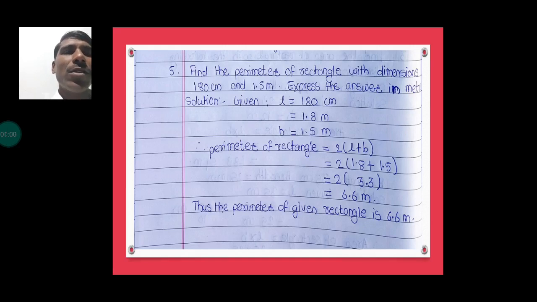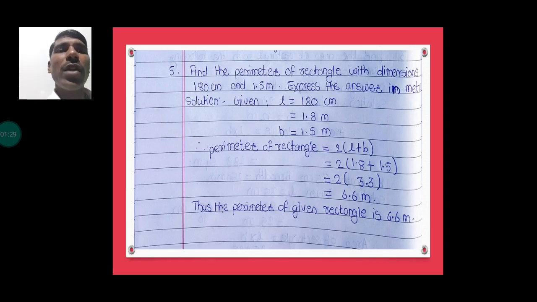So this example is interesting. Already I have told that in order to solve the examples of measurements, the units of all quantities must be in the same system. As you're looking here, the dimensions of the rectangle, one is the length and the other one is the breadth, obviously.